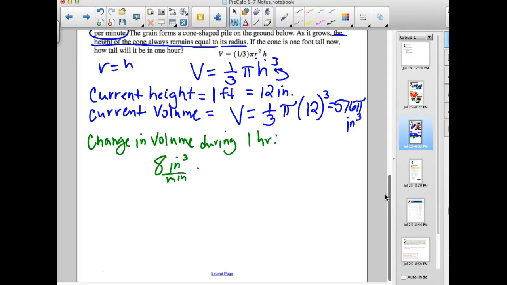And how many minutes in an hour? I know that was a tough question, wasn't it? Took everybody a minute to think there. Okay, 8 times 60 is 480. So in an hour, we're gaining 480 cubic inches of volume.